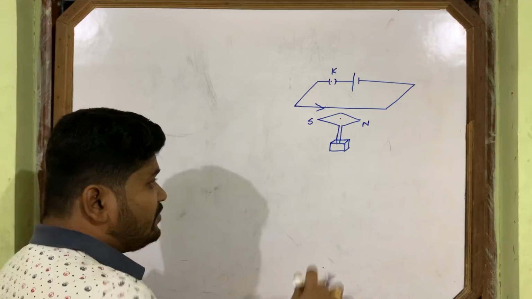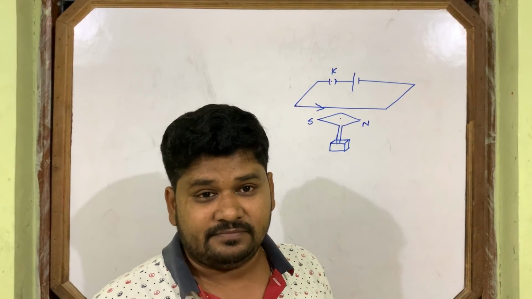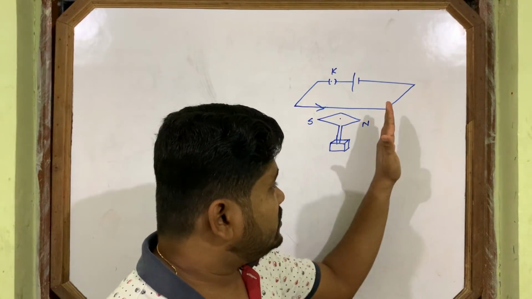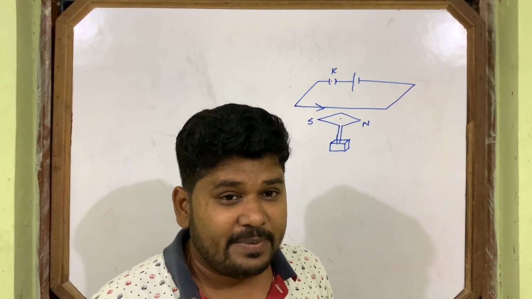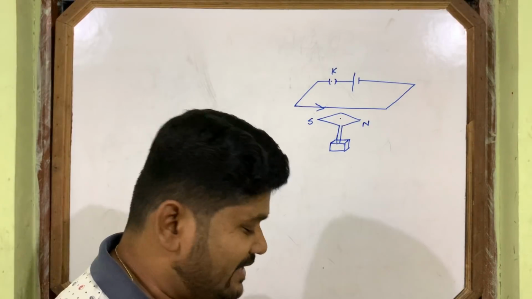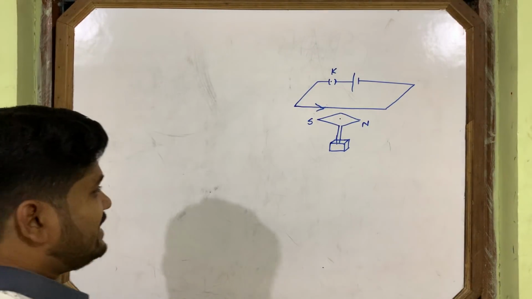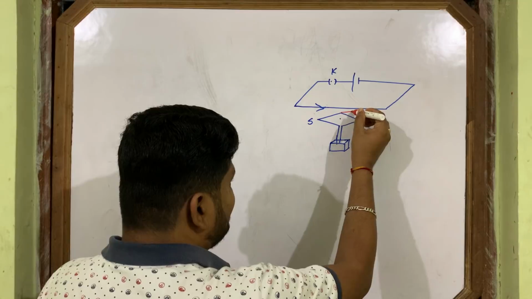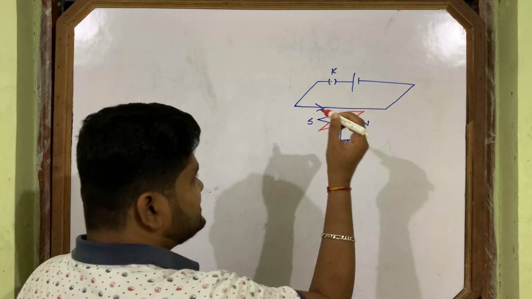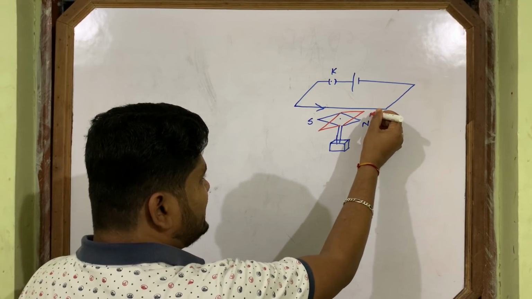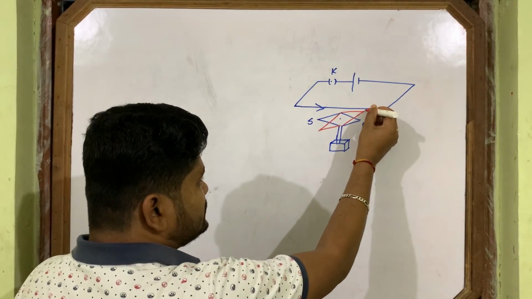When current starts flowing along the conductor from the south side to the north side of the needle, immediately what happened? The needle gets deflected. You see the deflection of the needle. This north pole gets deflected towards west.